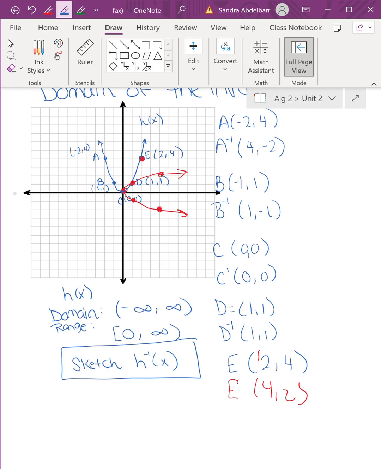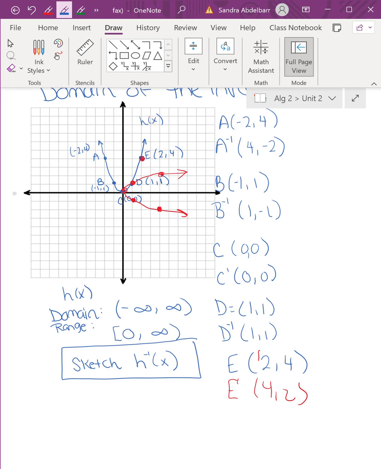All right, somebody tell me, what is the range of our inverse? David? Good. It's negative infinity to infinity, which was the domain of the original. Is that a coincidence? No. Remember, when we have a graph, the original and its inverse, their domain and range switch.